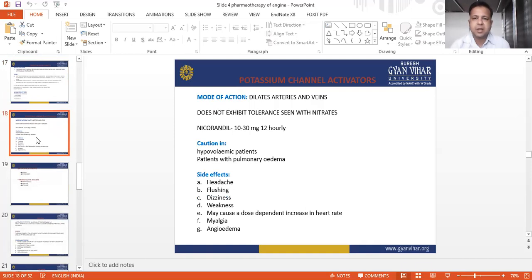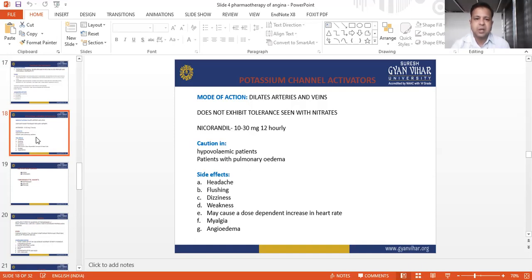Potassium channel activators. Mode of action: dilate arteries and veins, does not exhibit tolerance seen with nitrates. Nicorandil 10 to 30 mg 12 hourly.